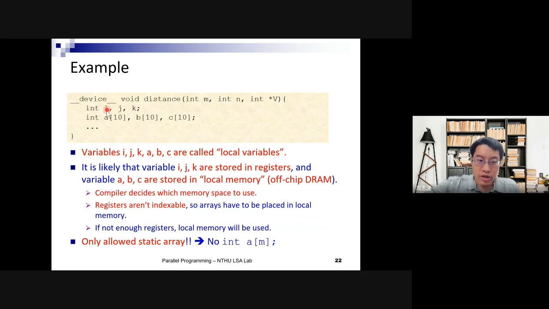So those arrays need to be statically allocated, and you cannot write code like this. You probably won't even pass compilation. These are all limitations of GPU programming.